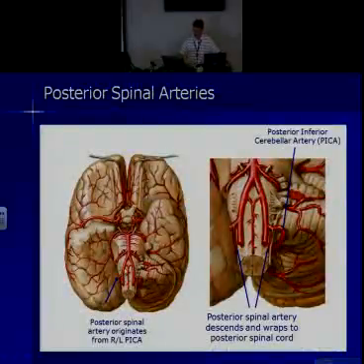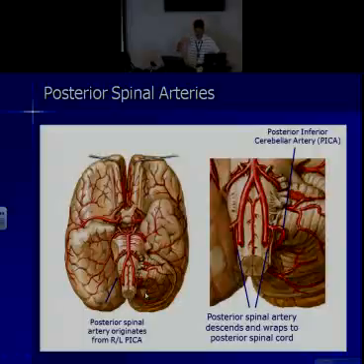Sneaking back to our PICA discussion, we talked about PICA lateral medullary syndrome, and how it sneaks around the medulla and eventually goes back to the cerebellum, and you get cerebellar signs, plus all the medullary stuff we talked about. But interestingly, up top, that posterior spinal artery on each side originates off this PICA.